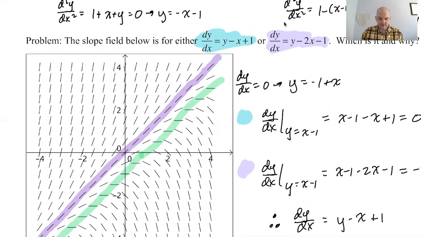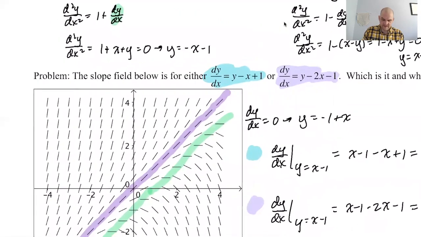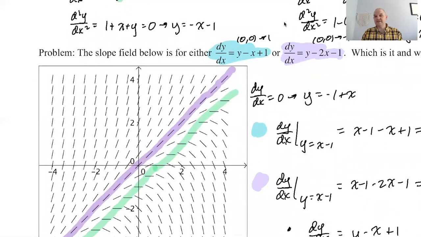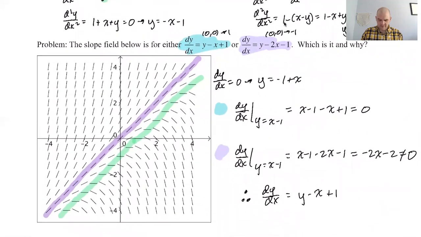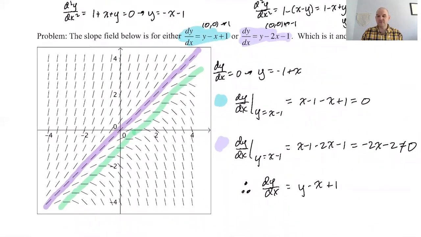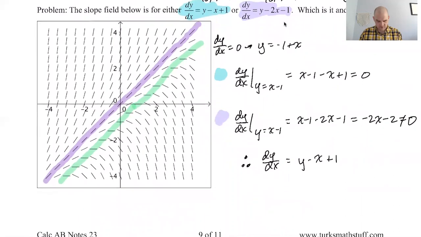For this curve at 0, 0, you would get 1, and here at 0, 0, you would get -1, and right away you knocked it out. You know immediately that it's y minus x plus 1. You've got a lot of strategies. I'm partial to that second derivative one because I feel like it answers a lot of questions along the way, but it doesn't really matter.